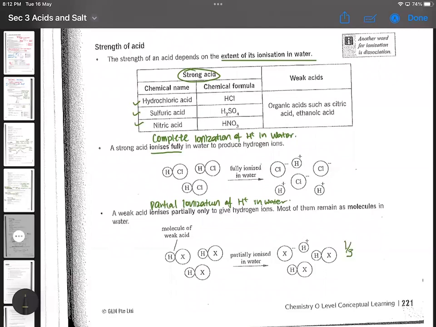Is it always 1 out of 3? No. This is just a graphic to show you. Definitely not. In the example here, only 1/3 of the acid molecules ionizes. The 2/3 remains as the molecule.